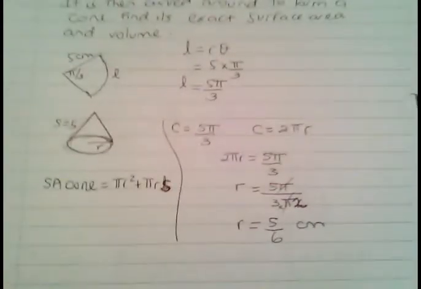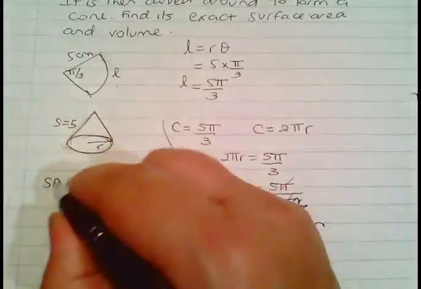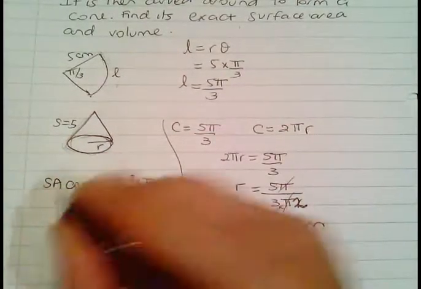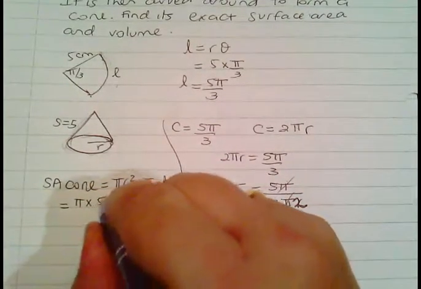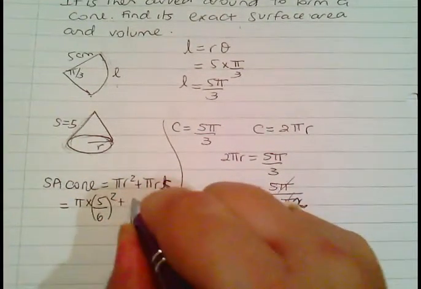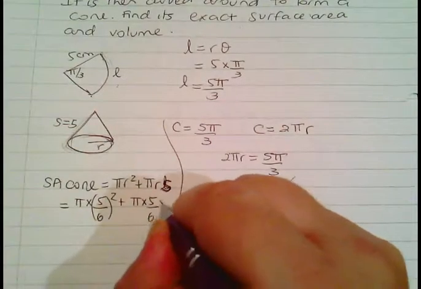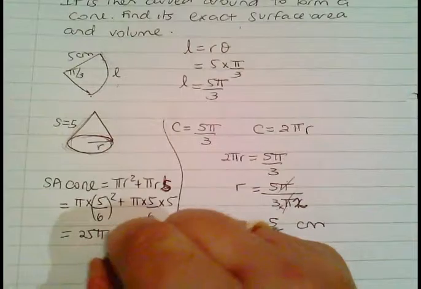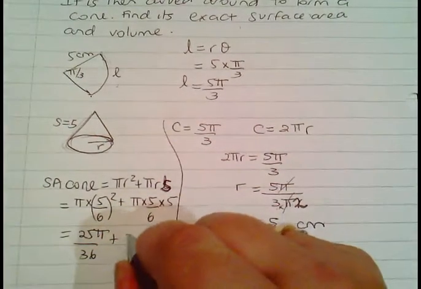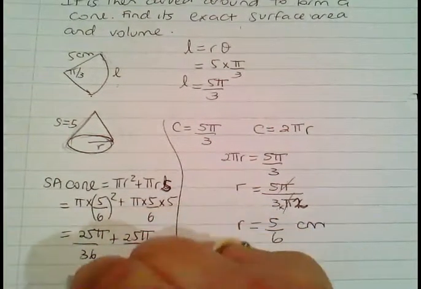So therefore, now we can look at the surface area of the cone, which is pi r squared plus pi r s. So it's pi times 5/6 squared plus pi times 5 over 6 times the slant height, which is 5. So that's 25 pi over 36 plus 25 pi over 6.